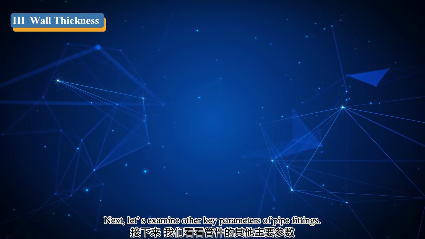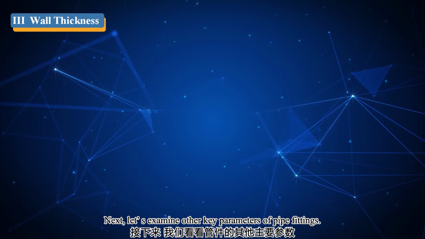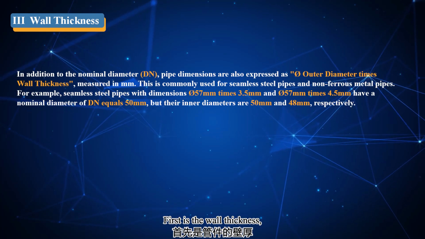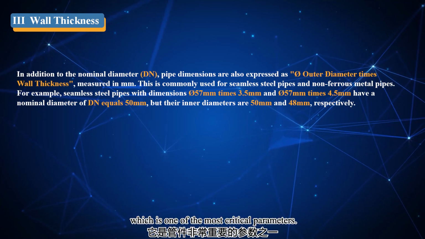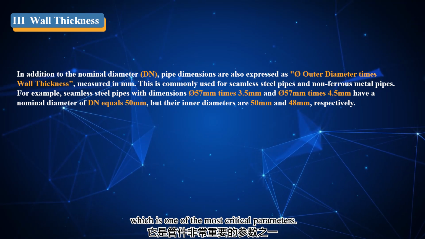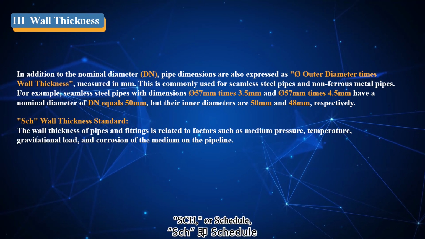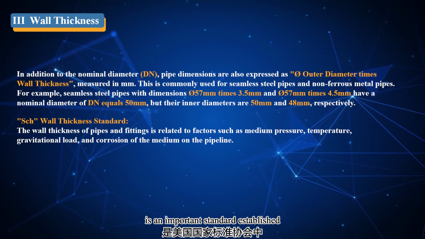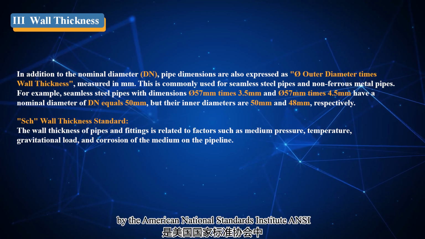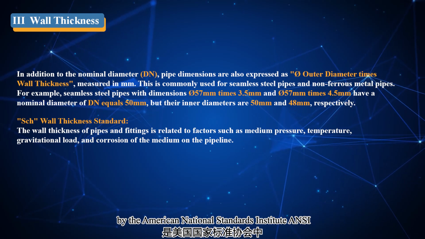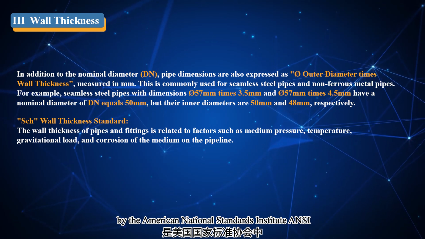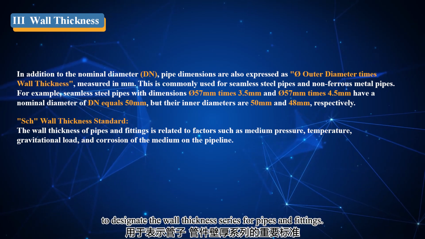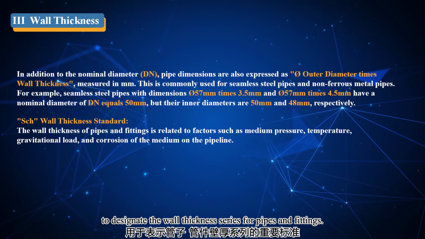Next, let's examine other key parameters of pipe fittings. First is the wall thickness, which is one of the most critical parameters. SCH, or schedule, is an important standard established by the American National Standards Institute, ANSI, to designate the wall thickness series for pipes and fittings.